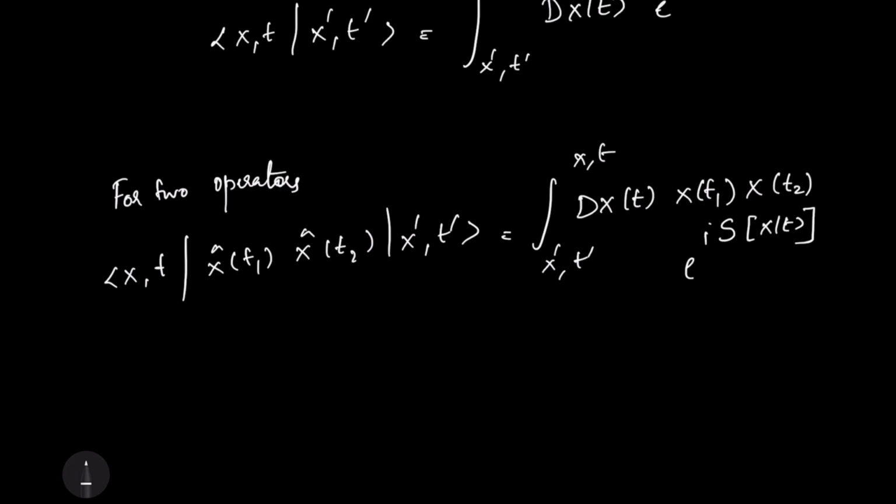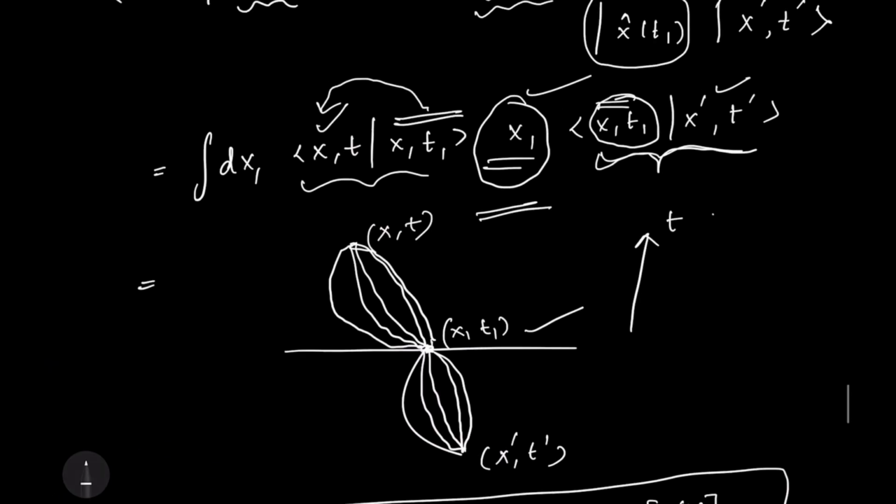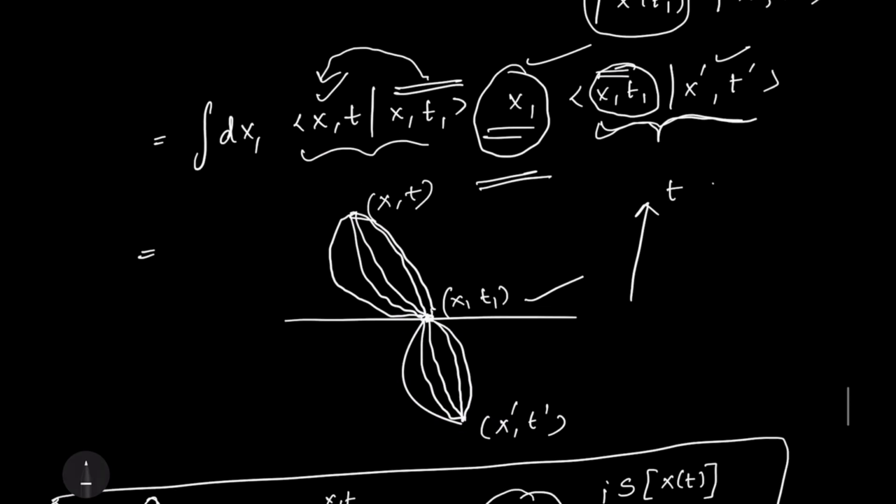These two are equal only for t1 greater than t2, because first you go from x prime t prime to x1 t1, then when you include one more operator, from x1 t1 to x2 t2, then from x2 t2 to xt. So that will be the path.